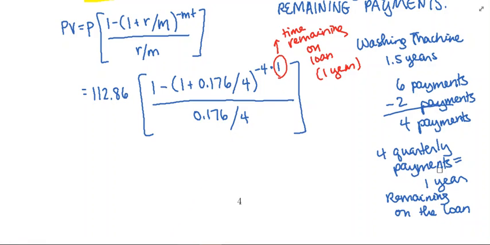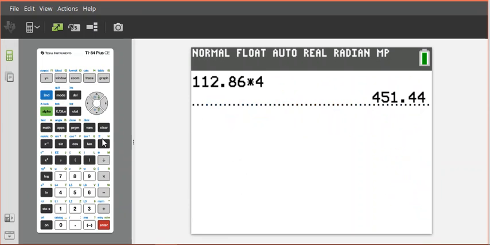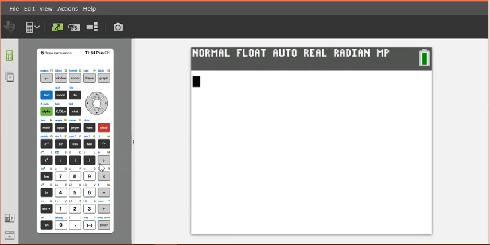Let's start inside the brackets. Inside the brackets in the numerator, we're going to have 1 minus, open parentheses, 1 plus 0.176 divided by 4, close parentheses, raised to the power. The power has to be negative 4 times 1. This is going to give me the numerator.